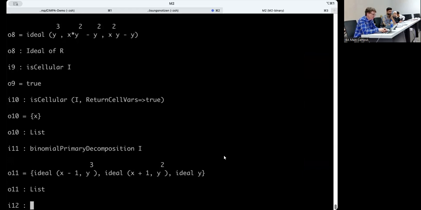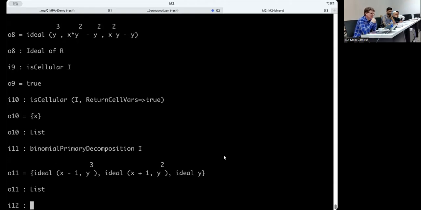So let me show you one that I took from a paper in algebraic statistics. There's a paper called something of commuting birth and death processes, maybe even binomial ideals of commuting birth and death processes.